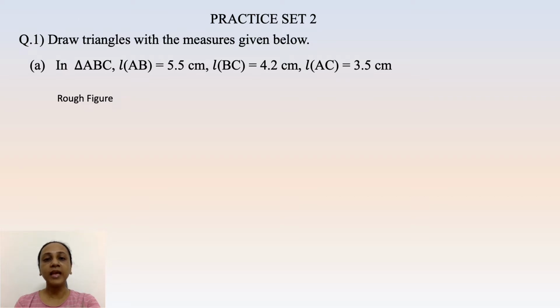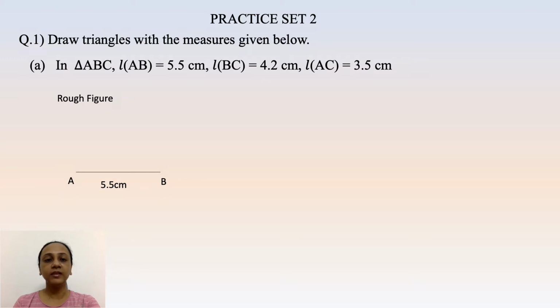Here, side AB is 5.5 centimeter and it is the longest. So, in the rough figure also, AB should be the longest side. Draw line AB and write measure 5.5 centimeter.